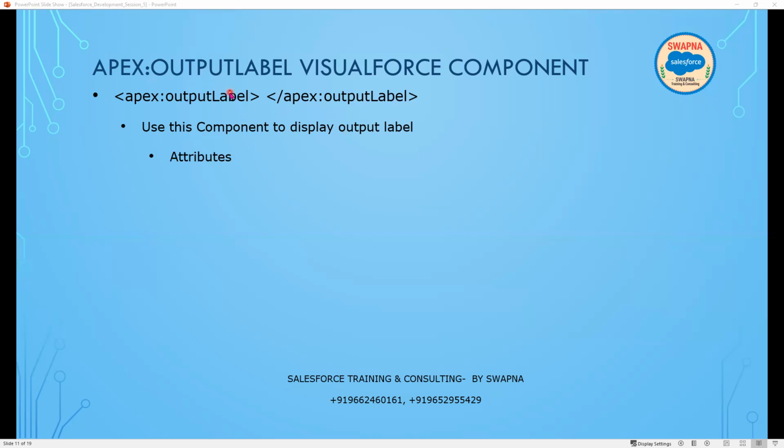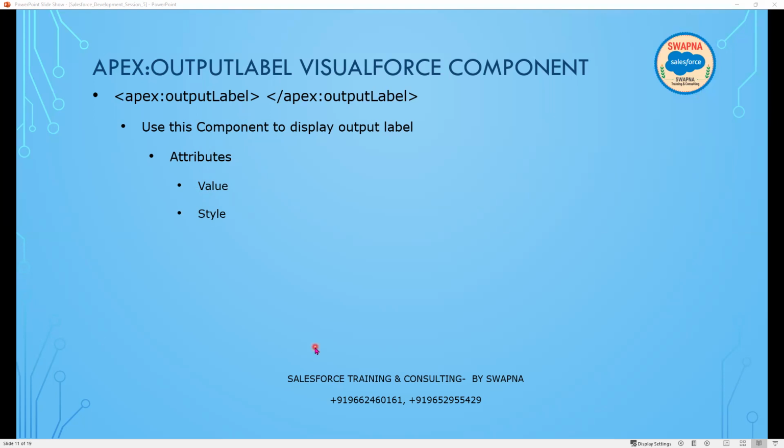In this output label, we have a few attributes called value and style. Value is what you want to display. If you want to update any style, you can add the style. But of these two attributes, value is mandatory for the output label.